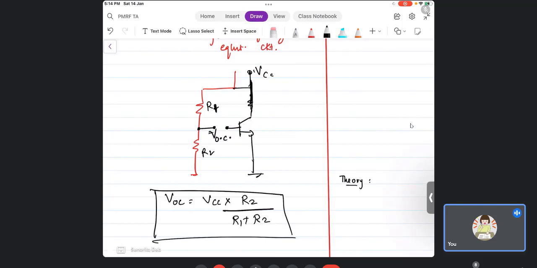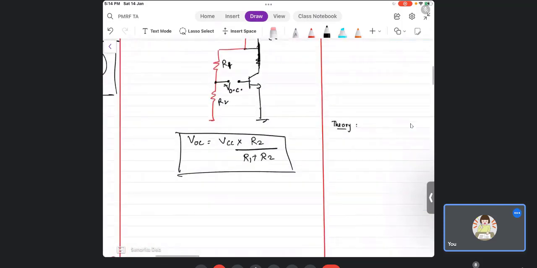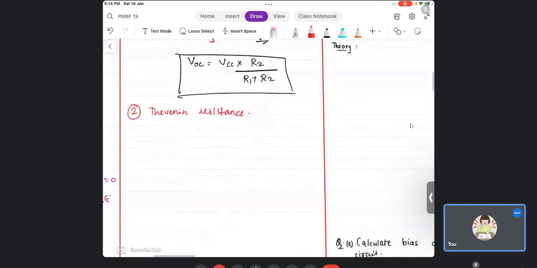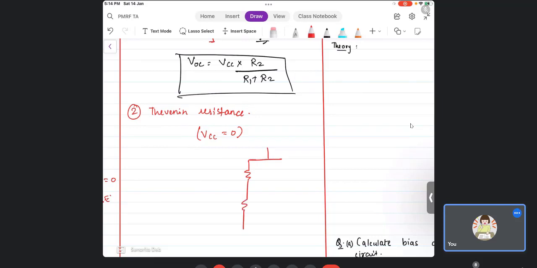And what is the Thevenin resistance? How is Thevenin resistance calculated? Thevenin resistance is the resistance where VCC is 0. We turn all the independent sources to 0, if you remember. Once you put all the independent sources as 0, what is happening?